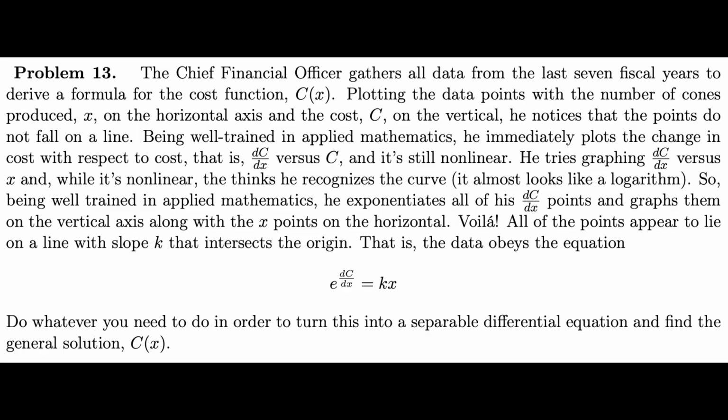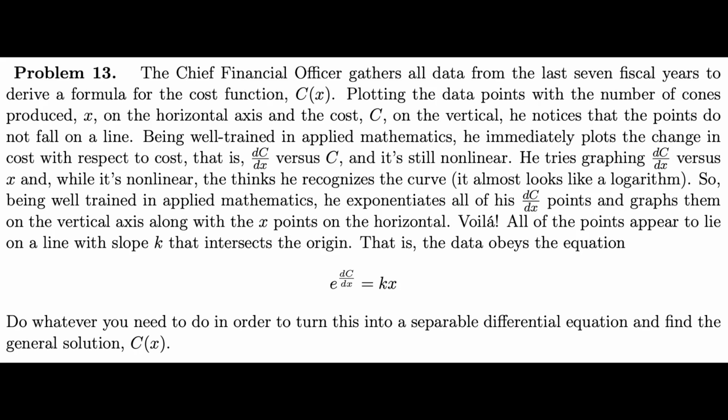Problem 13. The Chief Financial Officer gathers all data from the last 7 fiscal years to derive a formula for the cost function C of X. Plotting the data points with the number of cones produced, X, on the horizontal axis, and the cost, C, on the vertical, he notices the points do not fall on a line.